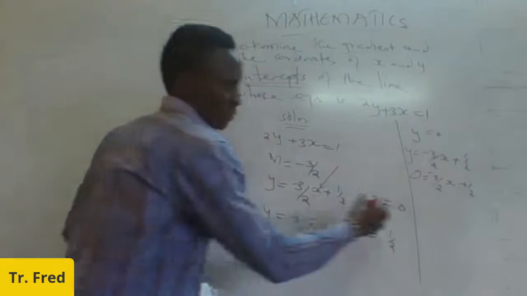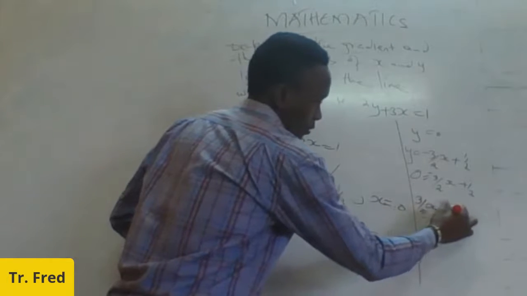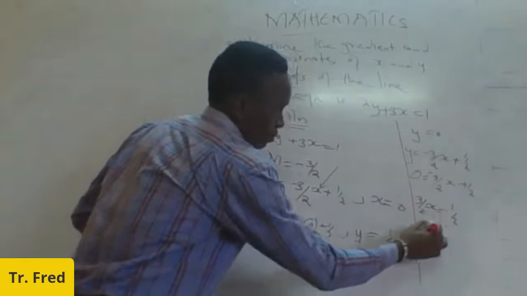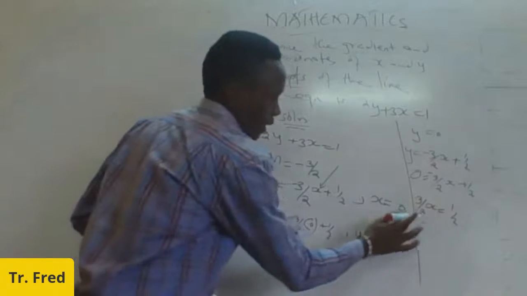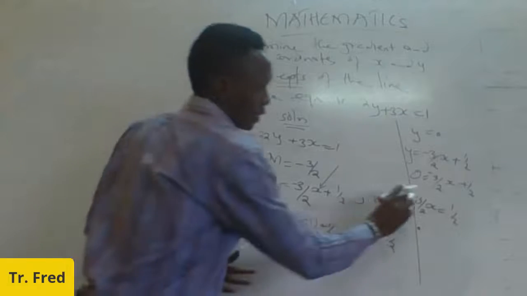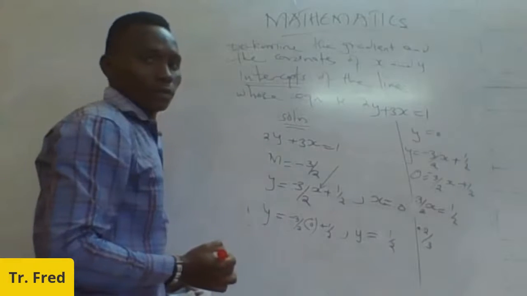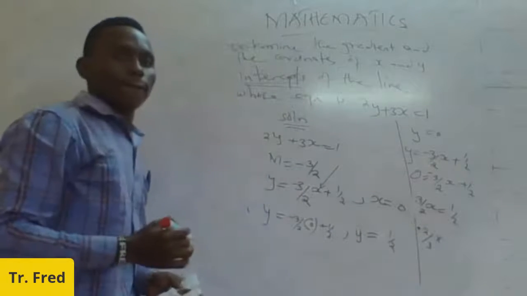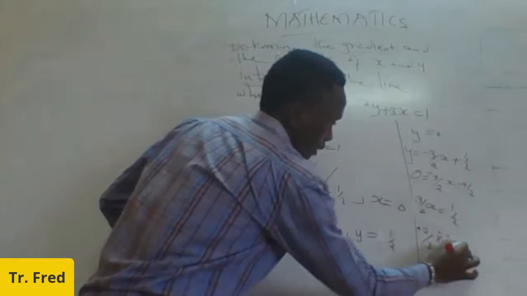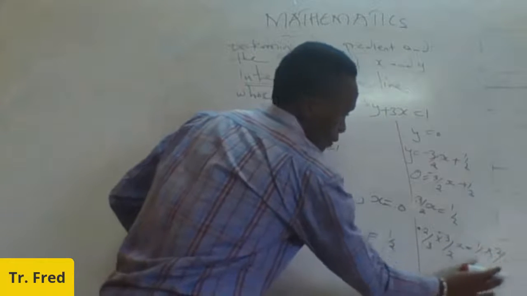On crossing to the other side it will be positive, so 3/2 x = 1/2. To find x, we multiply both sides by the reciprocal of 3/2, which is 2/3.